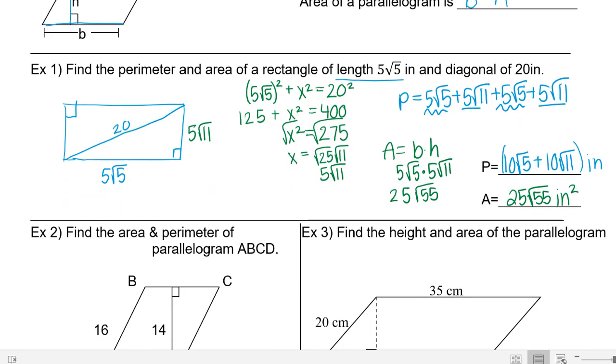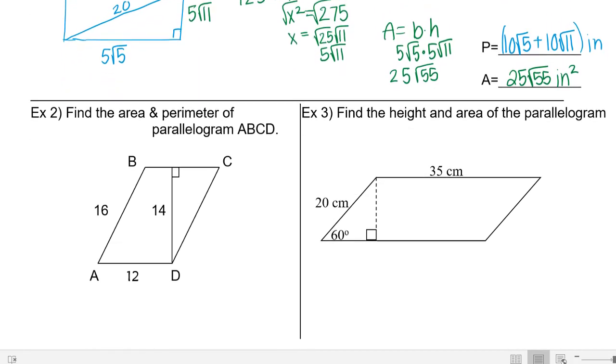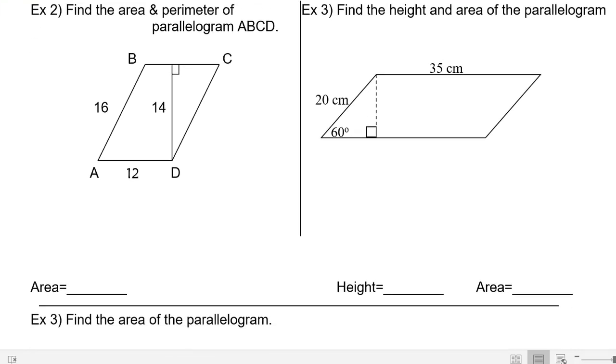All right, moving on, we're getting back into our regular parallelogram. Number 2, I think, is pretty straightforward. We're given some side lengths and we're actually given the height of this figure. So when we're trying to find our area, we really just need our base and our height. Our base is that length of 12, and then we're given that height of 14. So I assigned that 12 as the base because looking at that figure, I know the height of it.